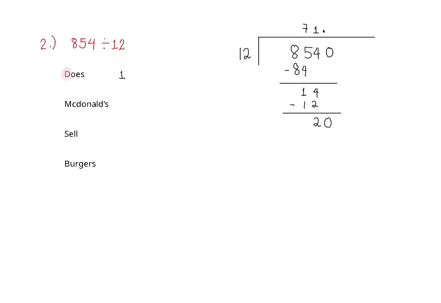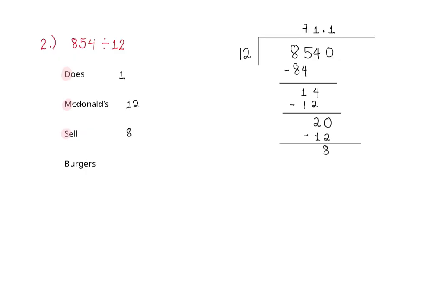Write this 1 after the decimal point. Multiply 1 and 12. The result is 12. Subtract 12 from 20, which gives the result 8.